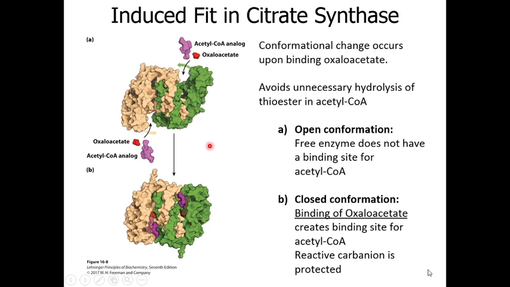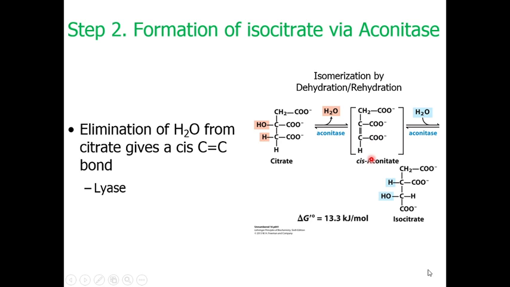Step 2 involves conversion of citrate to isocitrate. Formation of isocitrate from citrate is catalyzed by the enzyme aconitase. Elimination of water, as shown here, from citrate gives a C=C double bond containing compound called cis-aconitate.